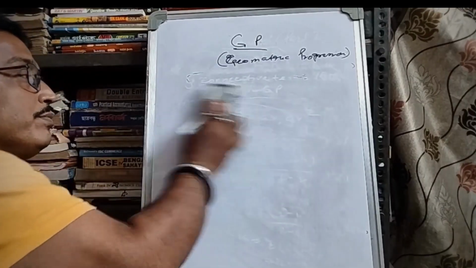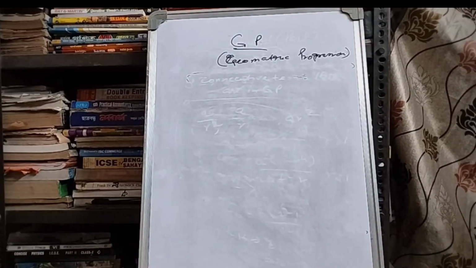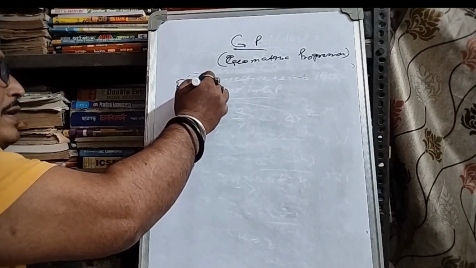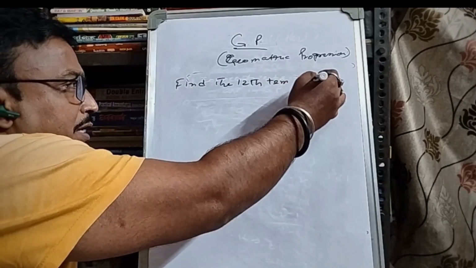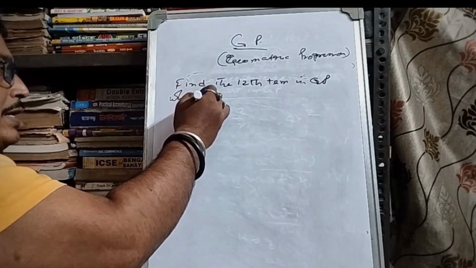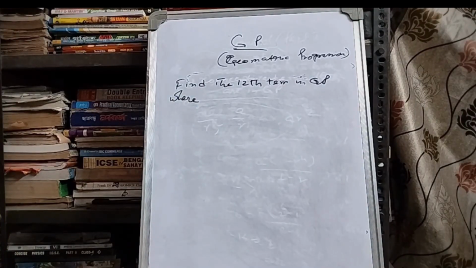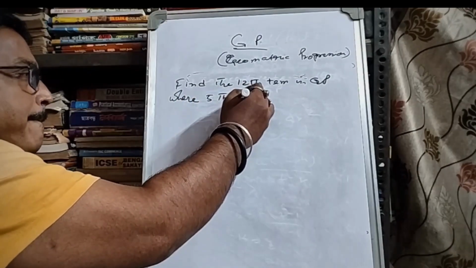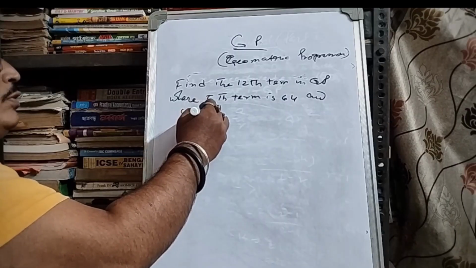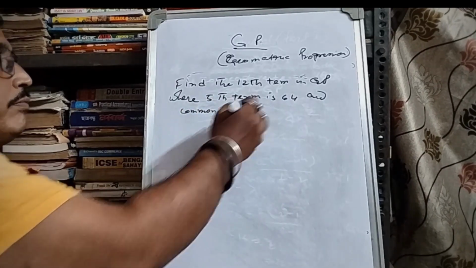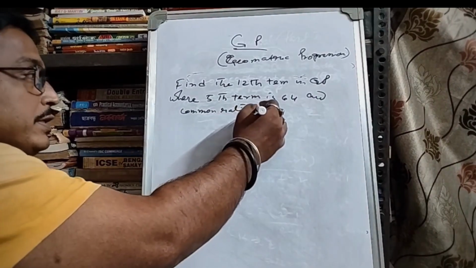Now I give you some problems. Find the 12th term in a GP where the fifth term is 64 and the common ratio is 2.